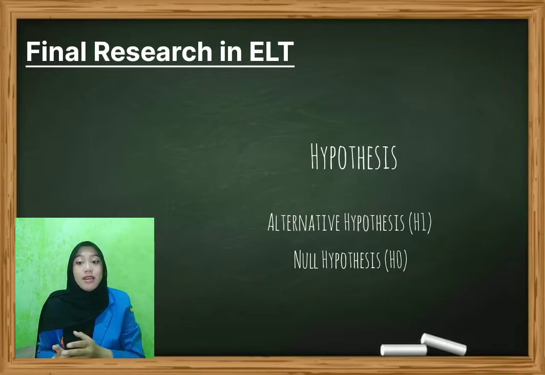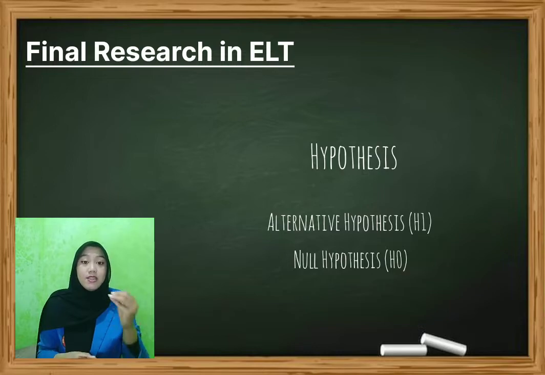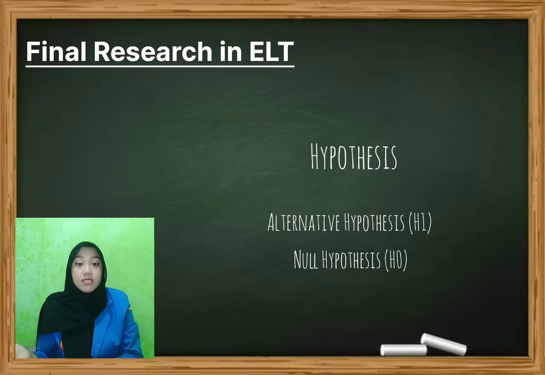So from the explanation before, we can see alternative hypothesis: there is significant improvement, while null hypothesis: there is no significant improvement.